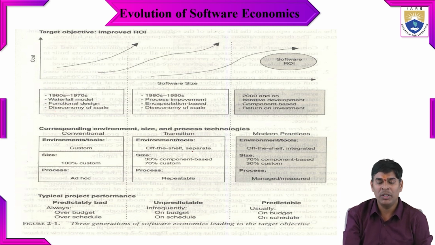Even though they improved the process, the main challenge is that a diseconomy of scale still happens here, because they allocated 30% to component-based and the remaining 70% to custom components. The process is repeatable here, and the challenge in OTS is that it is infrequently on budget and on schedule. It means the budget and the schedule are unpredictable at this stage.